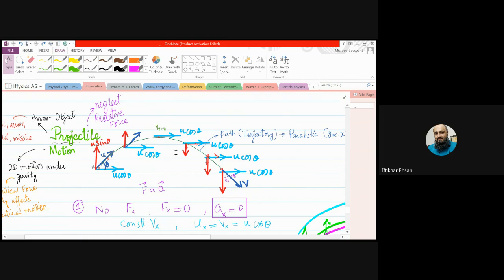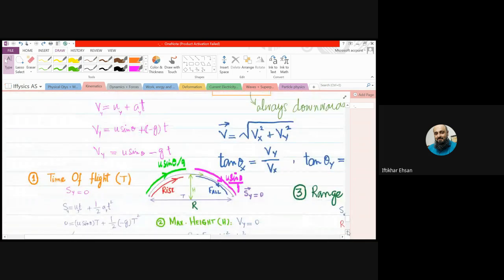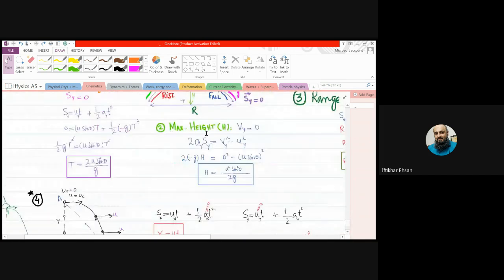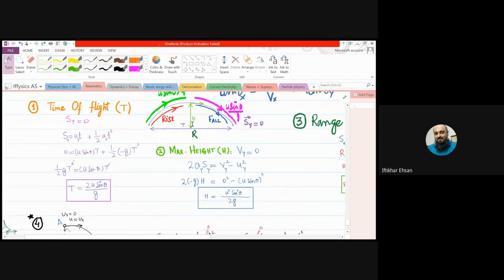So I'm going to repeat it: at the highest position, the vertical velocity is zero. So we have to find that vertical distance. The vertical height is a distance.